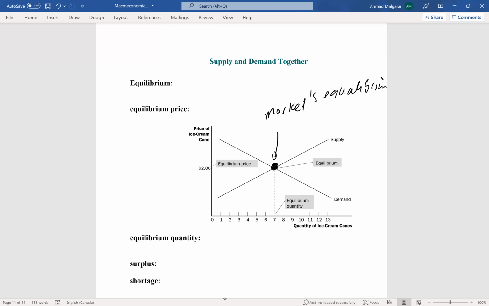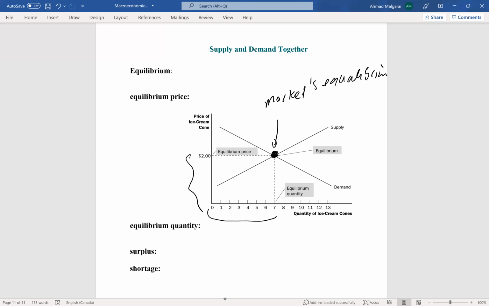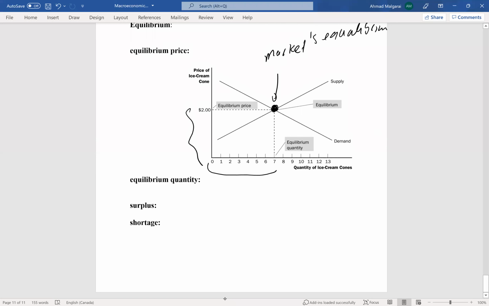At this point, with this much supply at this price, both the supplier and the consumer are happy. Therefore, equilibrium quantity is the quantity supplied and the quantity demanded at the equilibrium price.